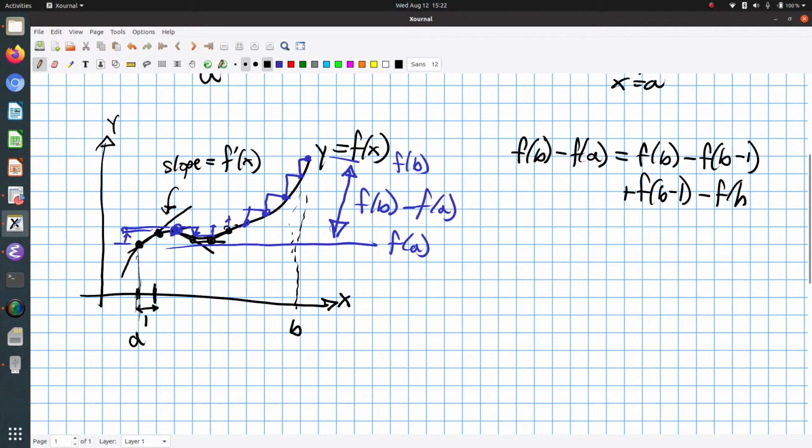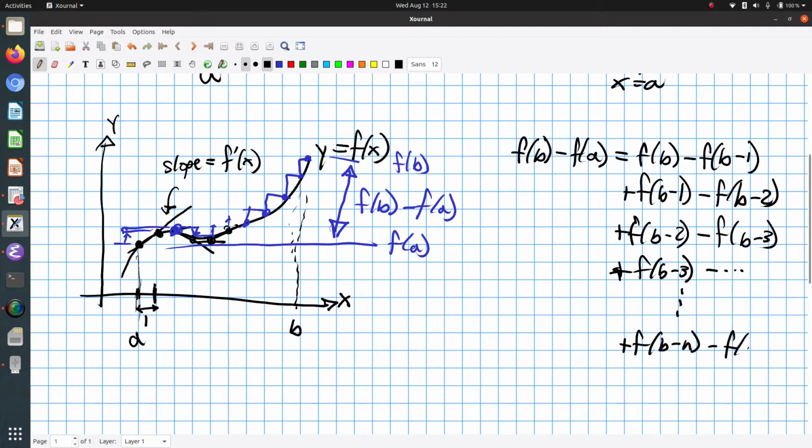I could put a b minus 2 here, plus f of b minus 2, minus f of b minus 3, plus f of b minus 3, etc. Eventually, I'll get to something like f of b minus n minus f of a. All of these terms kind of collapse like a zipper. All of these terms here, they're all equal to 0.